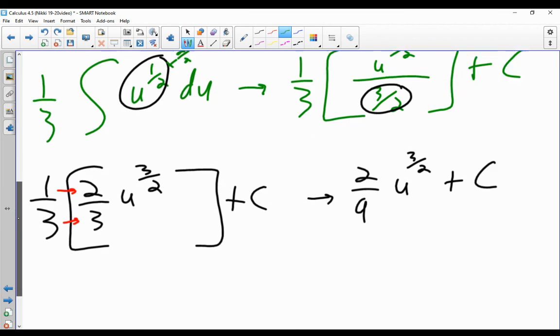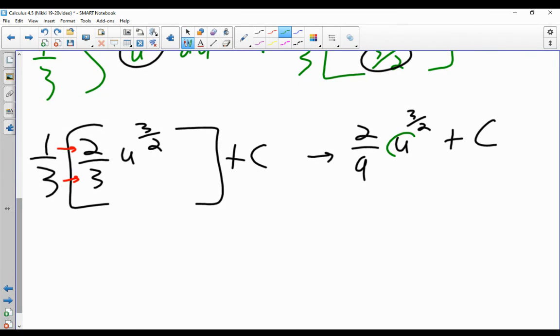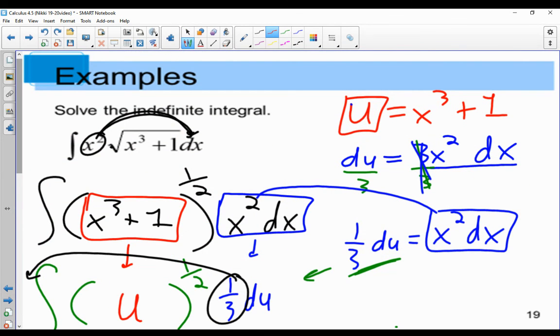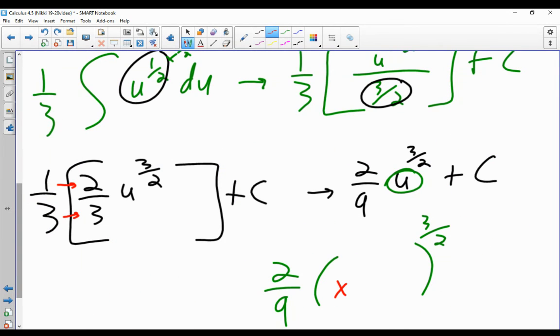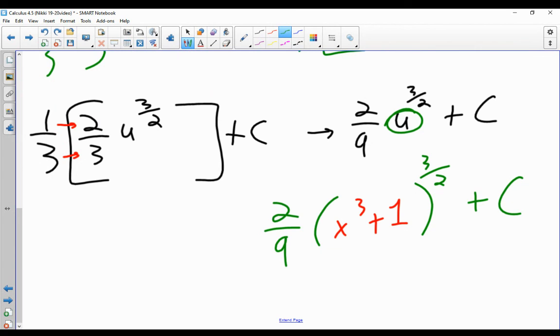All right. We have done the antiderivative, which means we don't need that u anymore. So instead of u, I'm going to replace it with its original function. And u was originally x cubed plus 1. So (x cubed plus 1), and then plus c. All right. Now, one last thing to check. Should we leave it as 3 over 2?